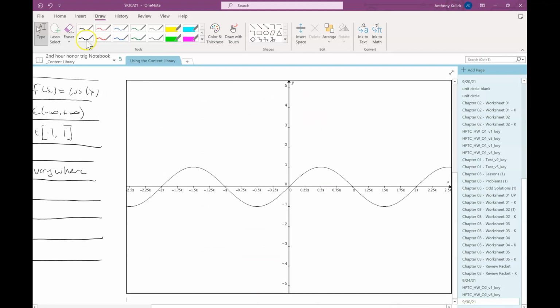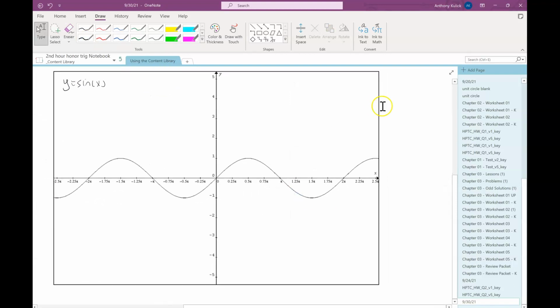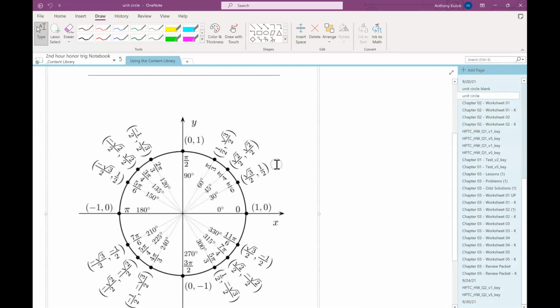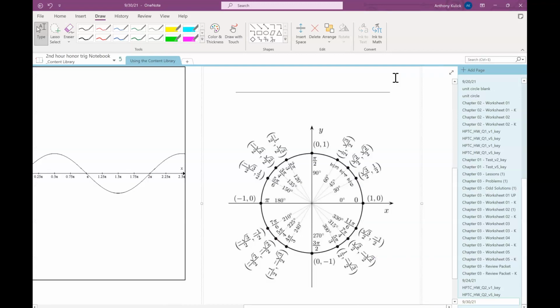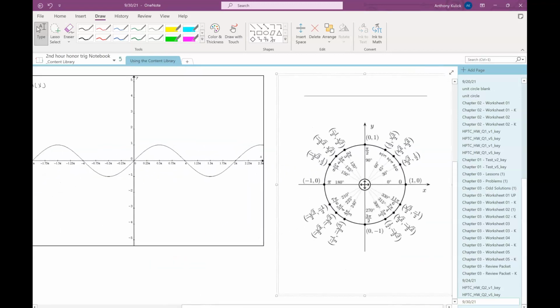So this was sine. If I take the unit circle, let's grab that and drop that in here also. For example, if I take the point 0 radians, it has the sine value of 0, so that's the point (0, 0).